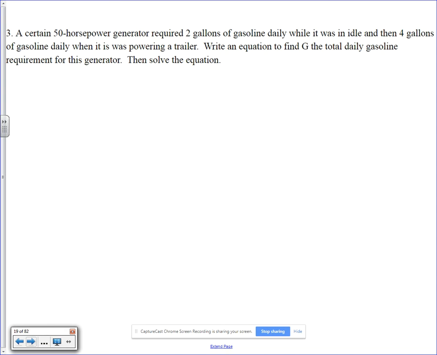So how am I going to find the number of gallons of gasoline that are used? What do you think? It's a G. How many gallons of gasoline are going to be used? What equation would you write? All the information is right there for you. How much gas is going to be used? How'd you find that? 2 when it's in idle, 4 when it's running.